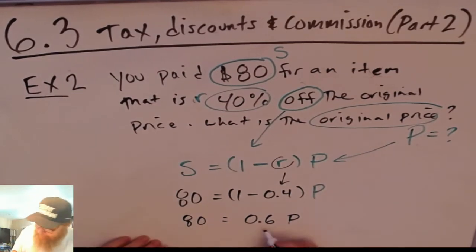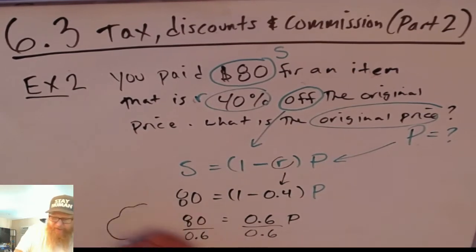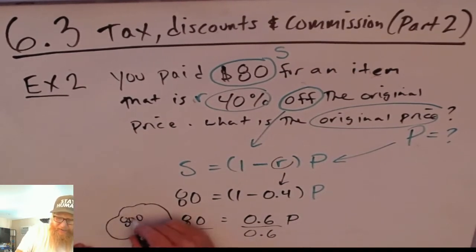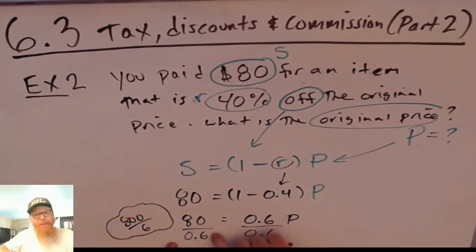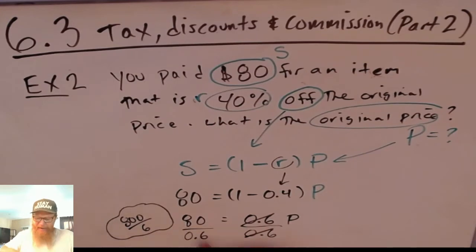And so now I'm dividing by 6/10. This one probably won't come out as nice. If you want to use mental math, that would be 800 divided by 6. Just multiply the top and bottom by 10. I can't do 800 divided by 6 in my head.